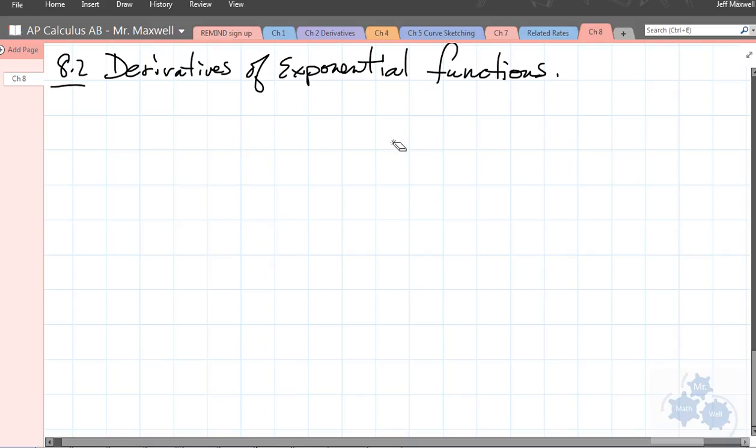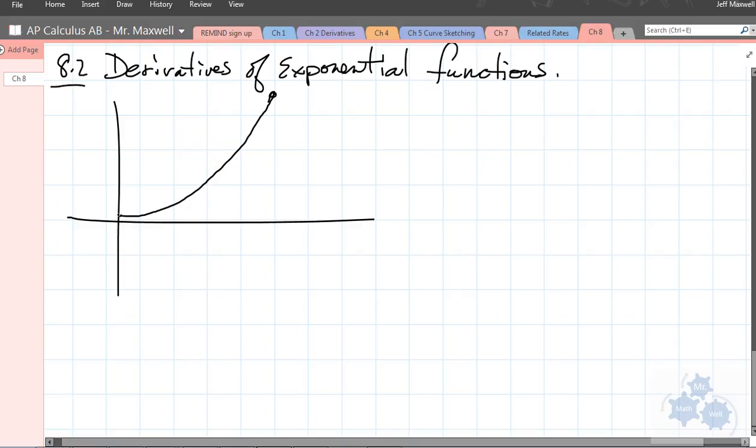When we're talking about modeling something that is growing exponentially, let's say we're talking about the exponential growth of a population over time.